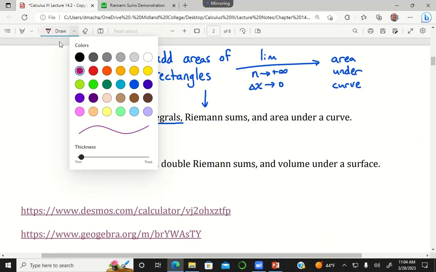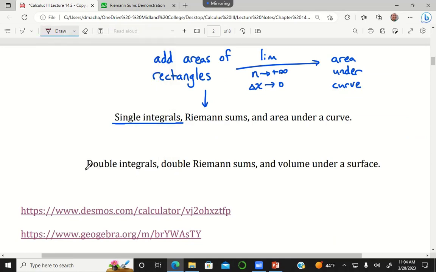So what I want to show you is that if we talk about double integrals, we can do double Riemann sums. And with the double Riemann sum, we're going to eventually approximate the volume under a surface. So rather than doing the area under a curve, we're going to be calculating the volume under a particular surface over a region in my domain.